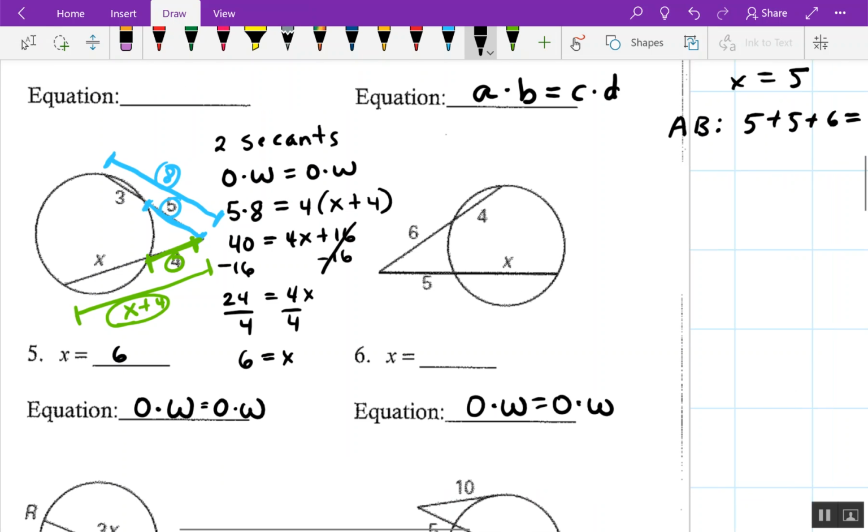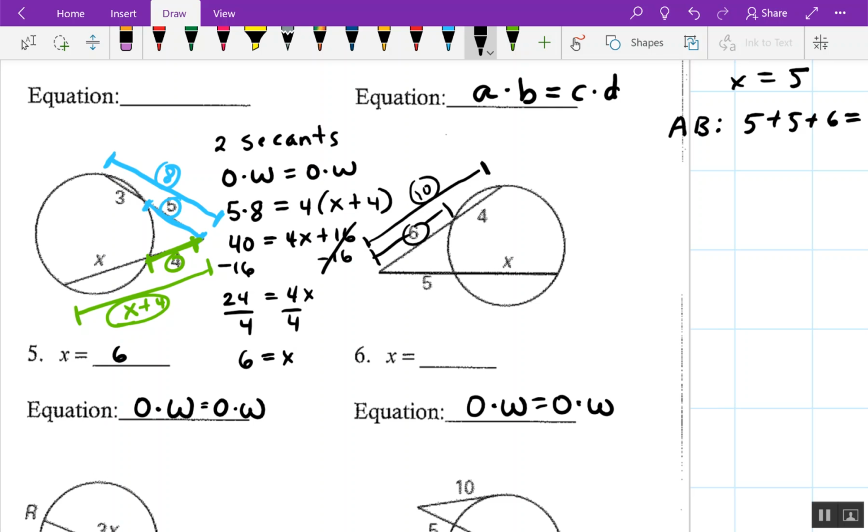Okay, all right, when you look at the top secant, what is the outside piece? 6, right? Now, what is the whole piece? It's going to be 10 because it's 6 plus 4. Equals 5 times parentheses.